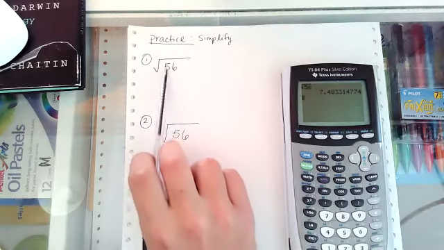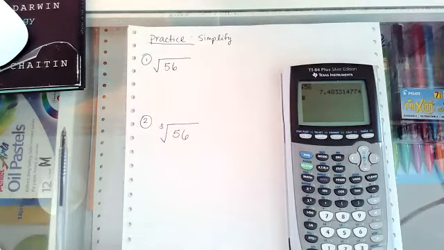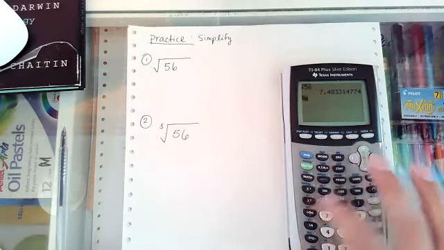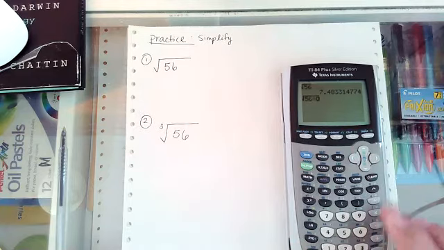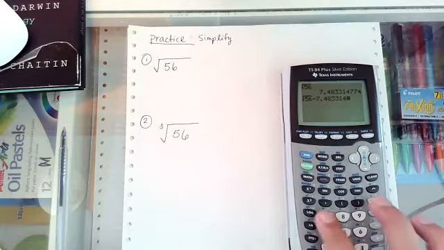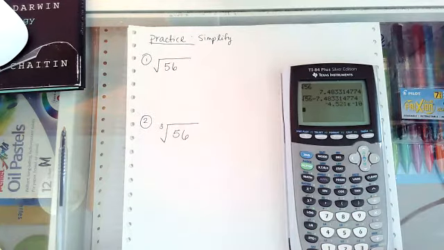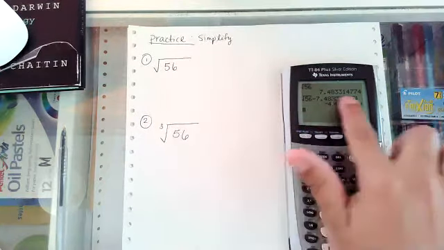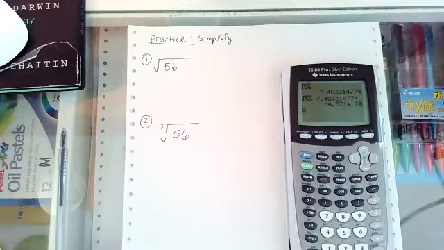Even if you took it out to 9 decimal places, it is not the same value as this number here. And one way that you could see that is if we do 56 minus the square root of 56 minus 7.48. If they were the same value, when you take the difference, you should get 0.